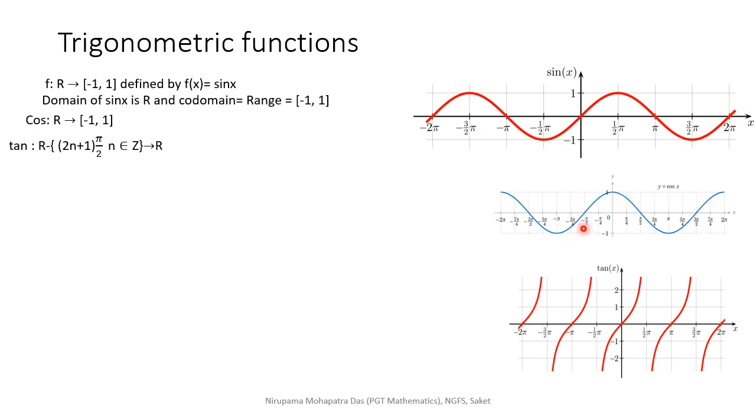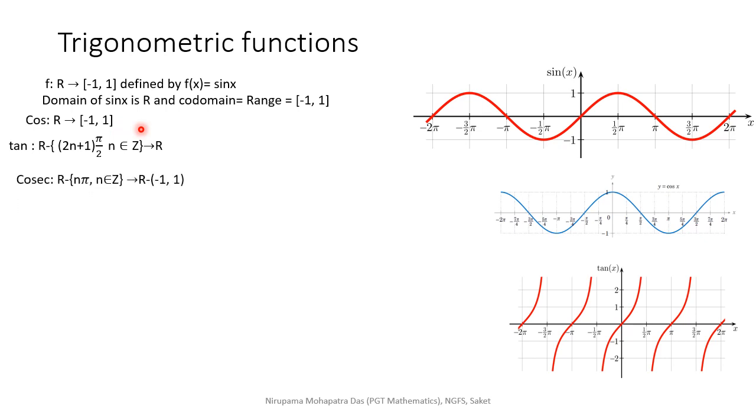It shows cos x has minimum value -1 and maximum value +1. So the range of the cosine function is from -1 to 1, both ends inclusive. So the cosine function is a function from the set of real numbers to [-1, 1].